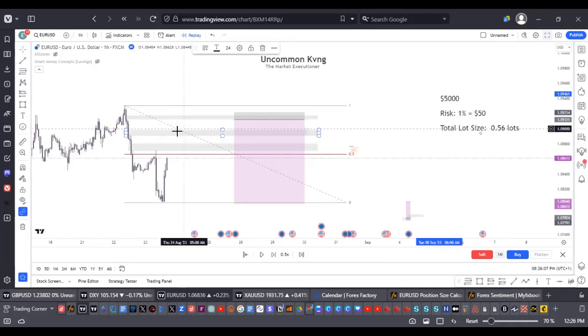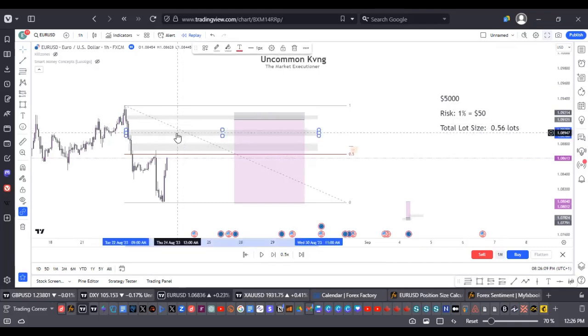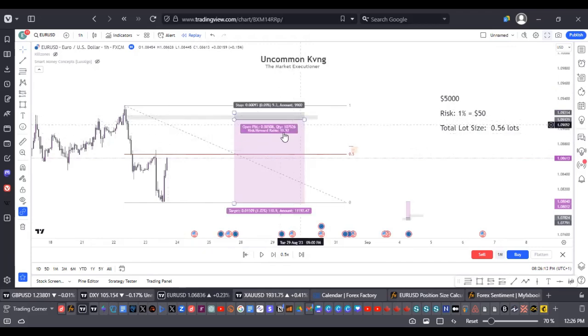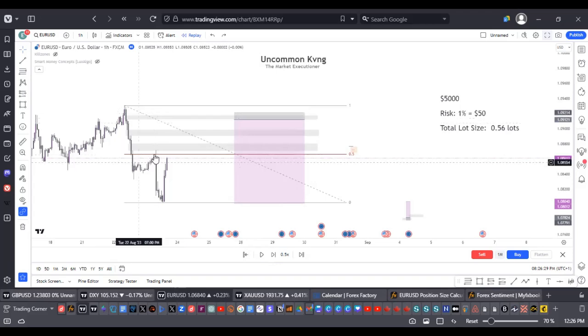Now, let's say that you had only 1 point of interest, right? 1 point of interest, then you go in all with your 1% on that point of interest. Now, in a situation where this setup presents 3 points of interest, what is your risk management strategy, right? Because we know that price may actually get here and then reverse.